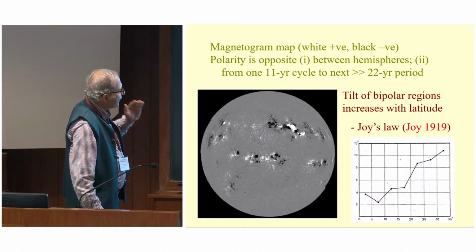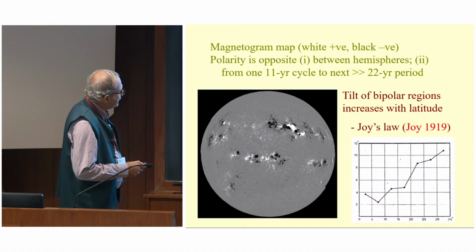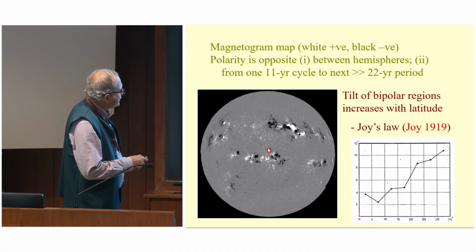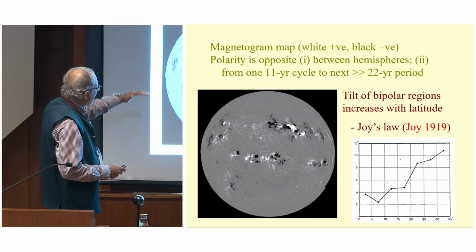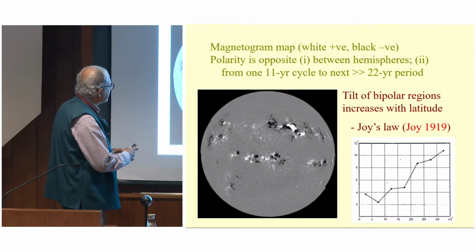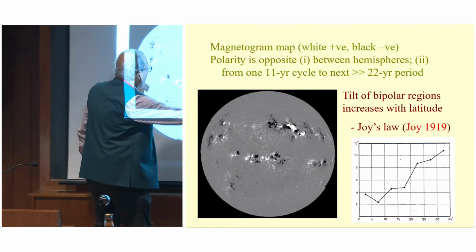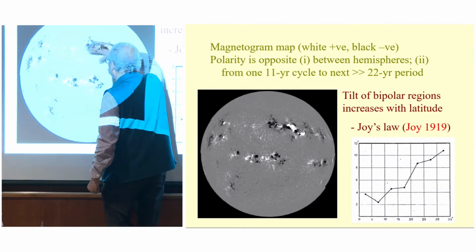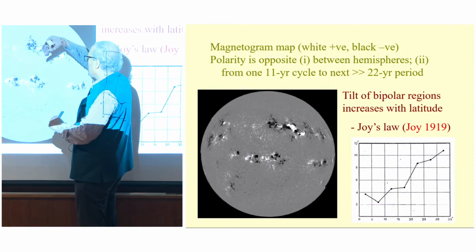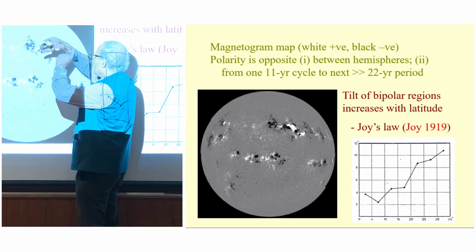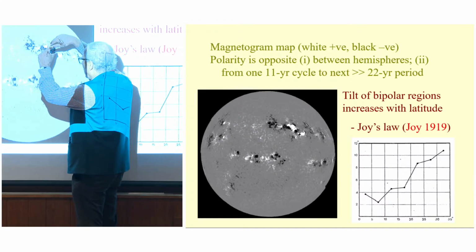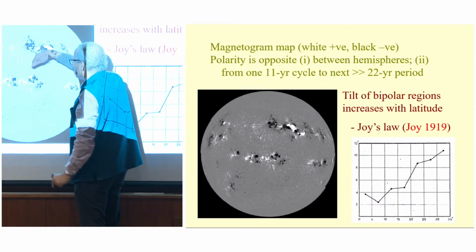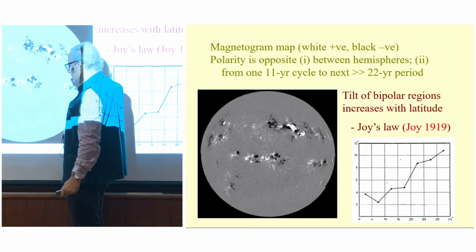Now, for the time being, if you forget about this tilt, then looking at this distribution of magnetic fields, you get a feeling that in the northern hemisphere, underneath the sun's surface, there must be some magnetic field lines going in this manner. So if parts of these magnetic field lines are coming out, then on this side you have a positive polarity sunspot with field lines coming out, and on this side you have a negative polarity sunspot with field lines going down.